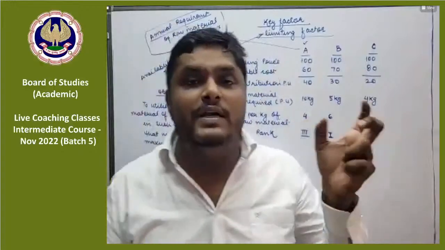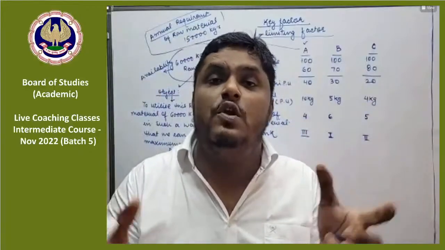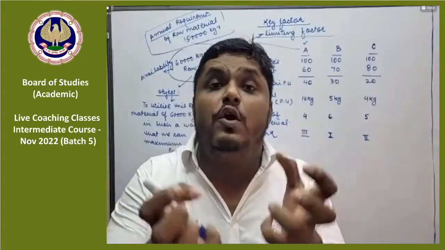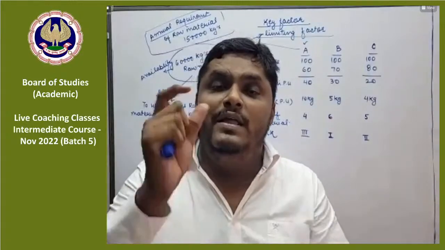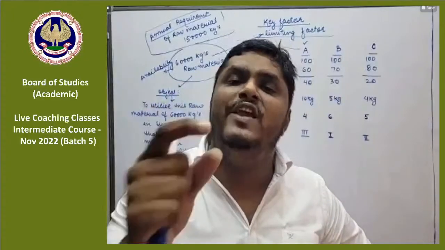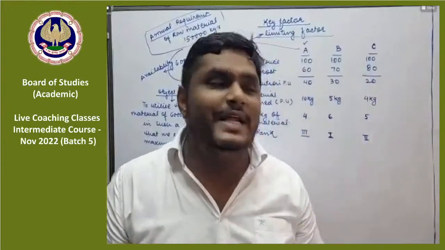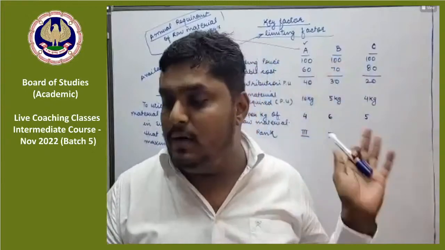Here, our decision was based on material because our material was in limited supply. So we calculated the contribution per kg of raw material, that is 4, 6, and 5. So that's why we gave priority to product B, that is 6.